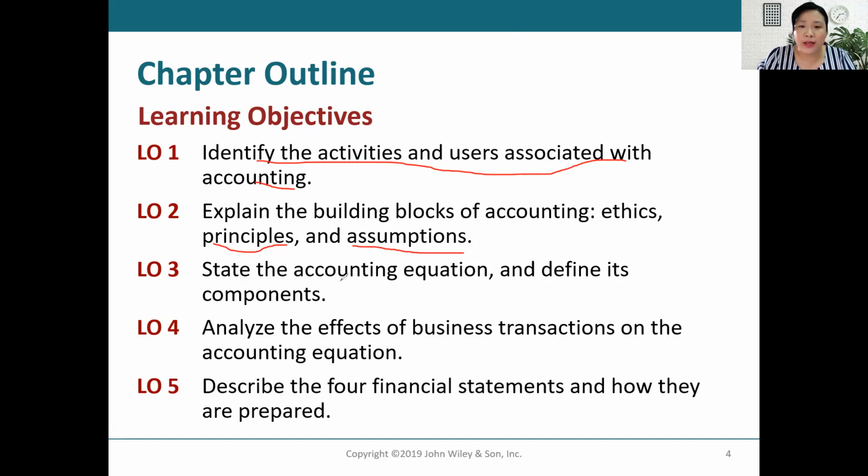And we're going to look at the accounting equation and identify the components in the accounting equation. We will also look at the effects of business transactions on the accounting equation and the four financial statements and how they are prepared. In this clip, I will look mainly at learning objectives 1, 2, and 3.